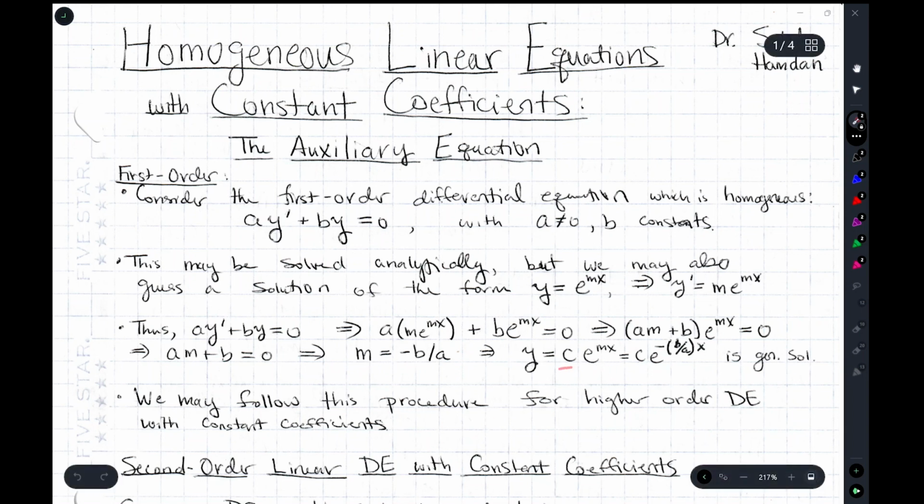So we get a solution where we have this constant c times e to the negative b over a x. This is actually the general solution because it's a first order differential equation. So our fundamental set will only have one function. And so we just found our general solution to differential equations of this form.